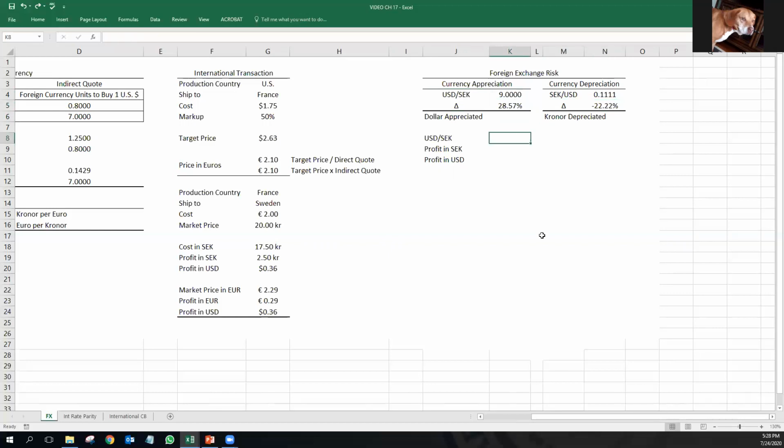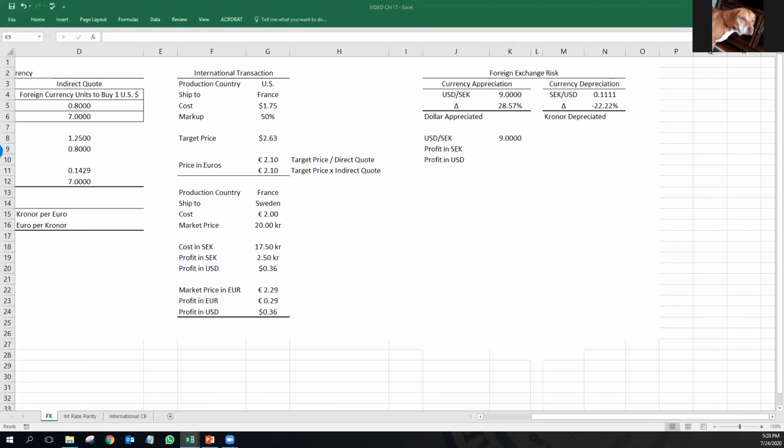So let's see what happens to our profit if indeed it goes from 7 to 9. All right. So remember, you sell it for 20. This is assuming the euro didn't have that impact, which in real life, this whole cross rate and all that would have probably changed your cost in France, but let's just assume that your cost in France is still 2 euros.